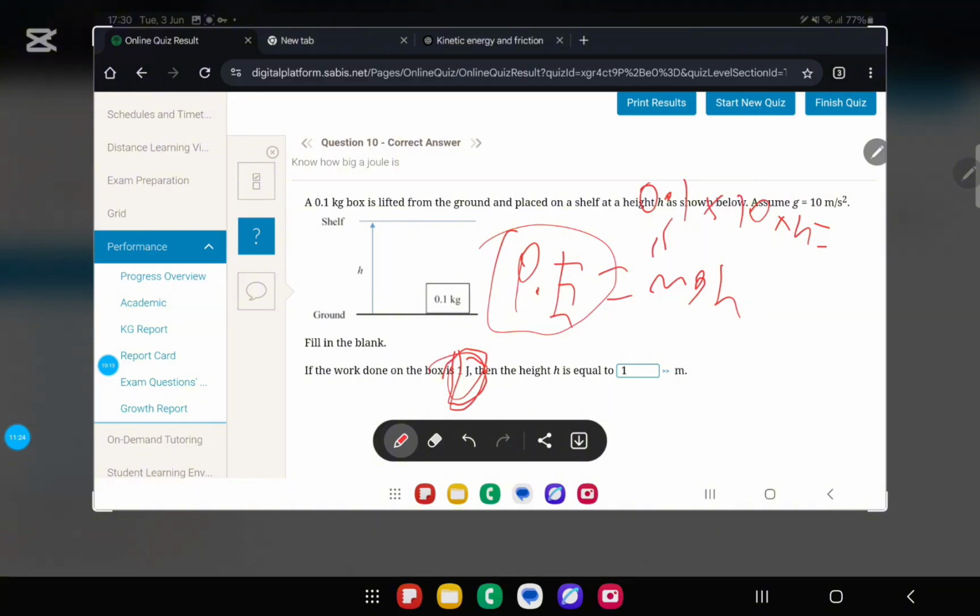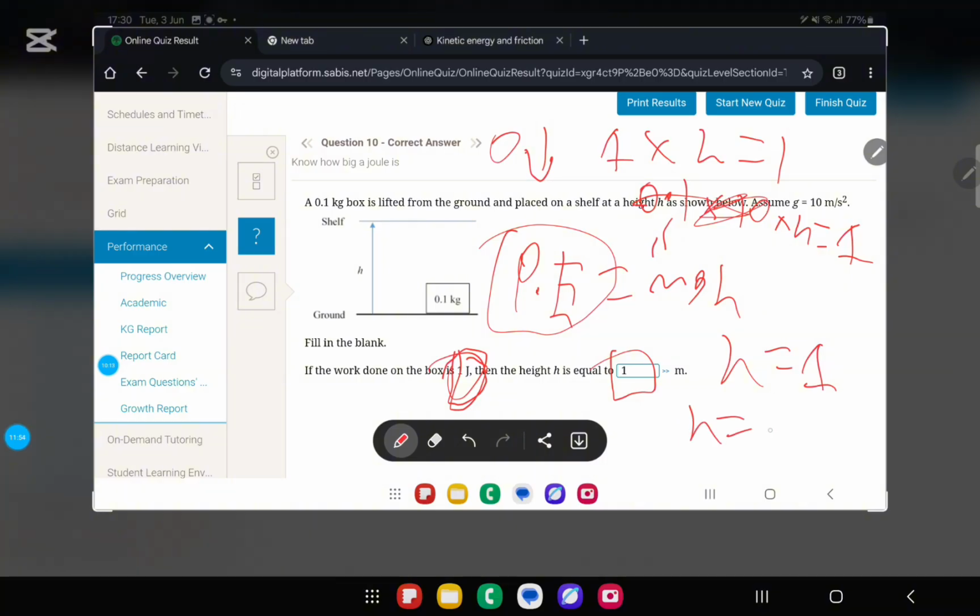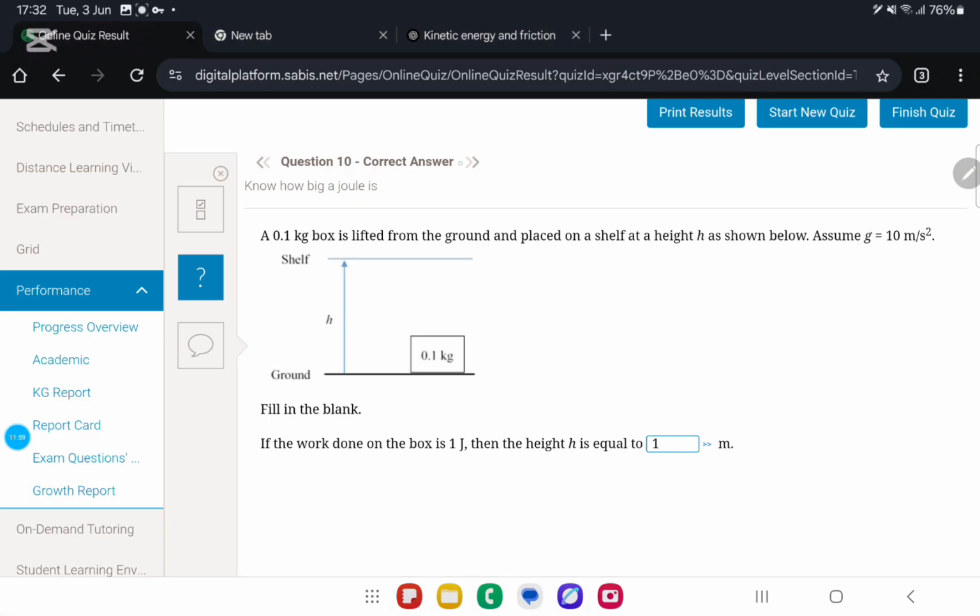So 0.1 times 10 is 1, the decimal moves one place, so it becomes 1. Now you have 1 times h equals 1. 1 times h is just h, and the 1 stays the same. So h is equal to 1. The height is equal to 1 meter. That's it.